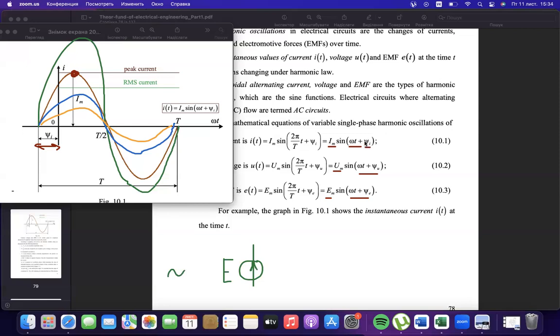And 2 elements, let it be 2 unknown elements. We are not specifying whether it is a resistor, or a coil, or a capacitor, just some elements, 1 and 2. And inside this system flows current.